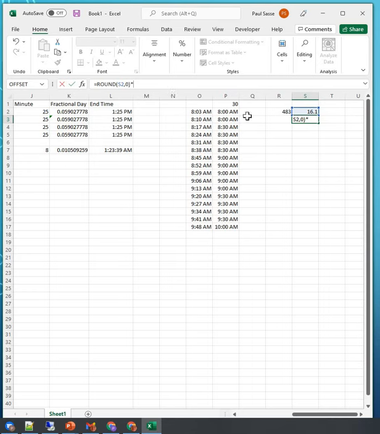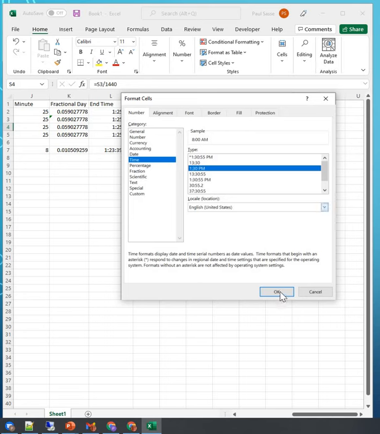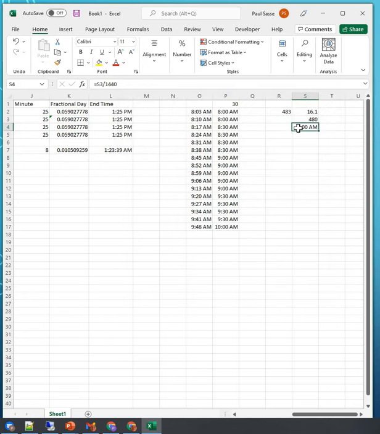And I'm going to take this times this, F4. We come up with 480. So that's the number of minutes when you round. That's the number of minutes that have happened since midnight. And now we can convert minutes back into time by dividing by 1440 again. And now if we format this as a time, should come out, if I did it right, to 8 a.m. Okay, so what I've done is I've combined this all into one formula.